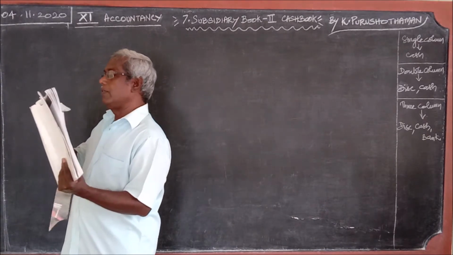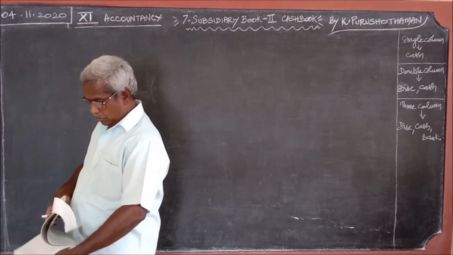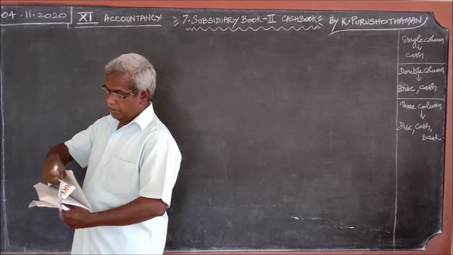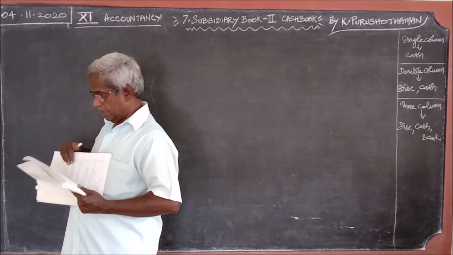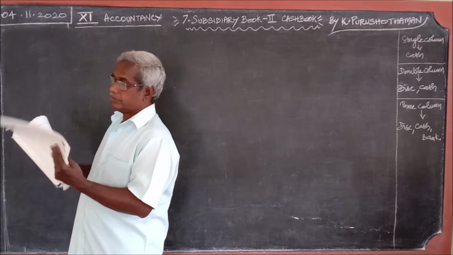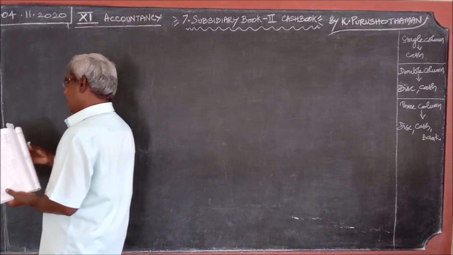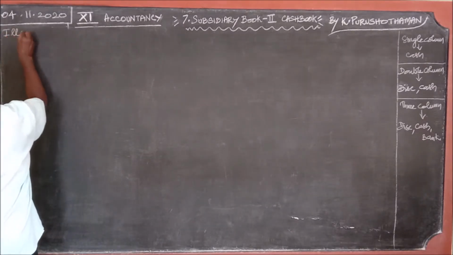So listen carefully, and also from the examination point of view, that too for 5 marks, this type is very much important than the other types of cash books. Just listen carefully. This is illustration 4.